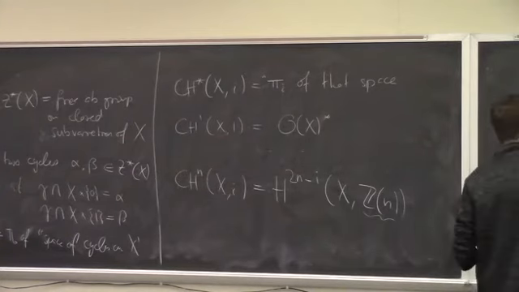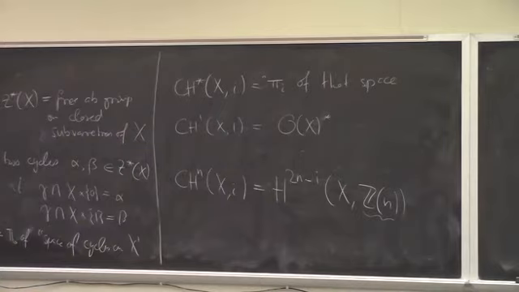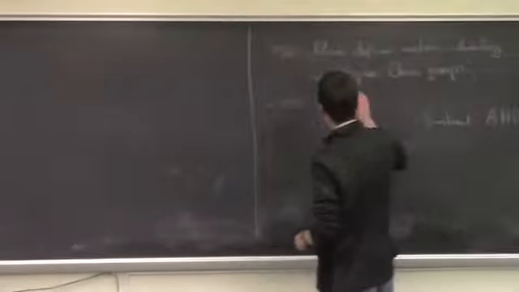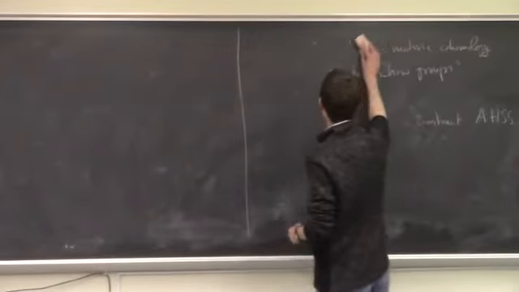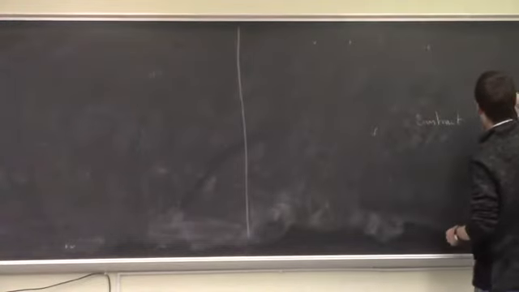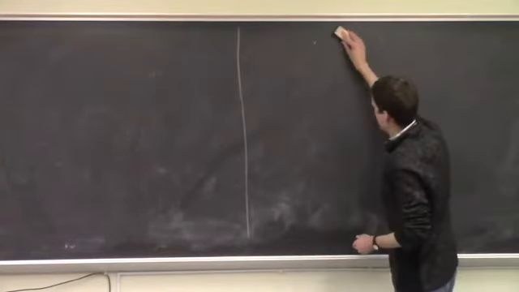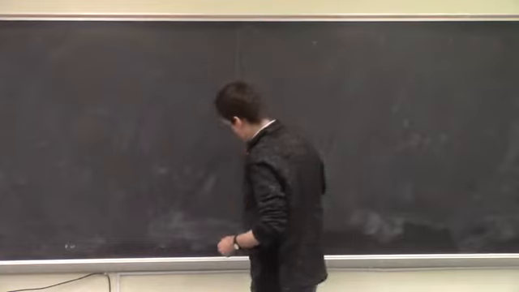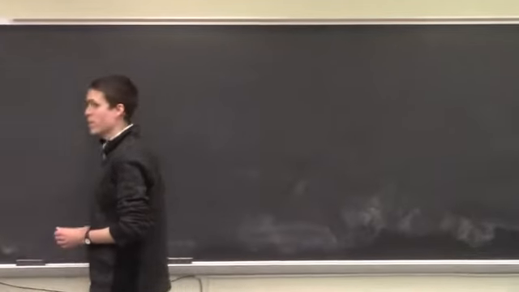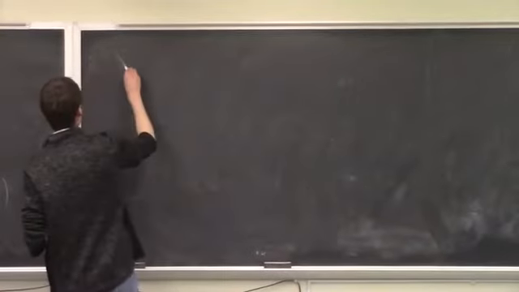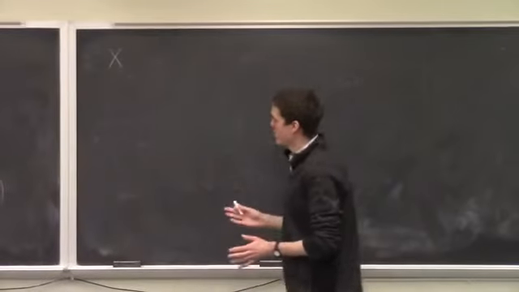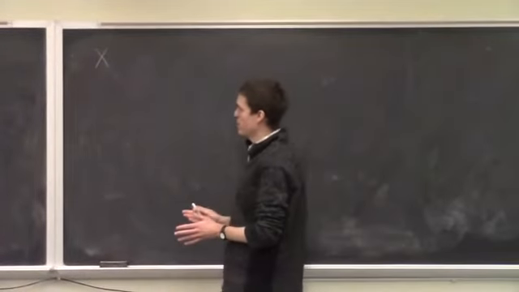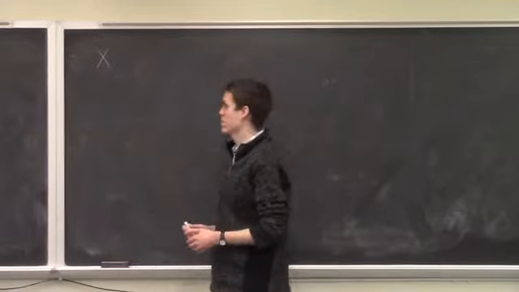Okay, so let me say one more thing about motivic homology in a more arithmetic context. Now my X is not going to be a variety over a field, it's going to be a variety over the integers.